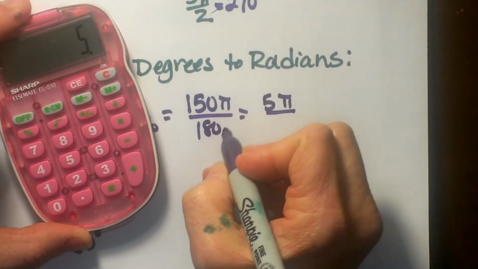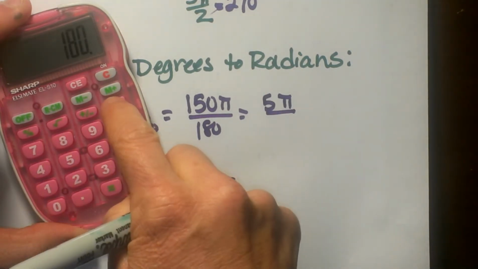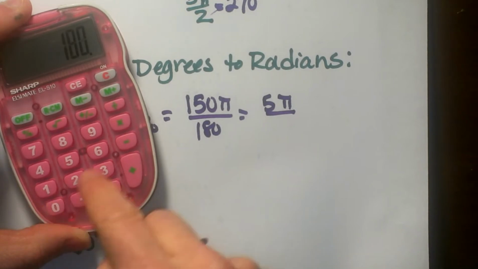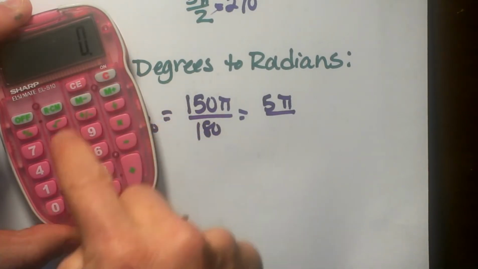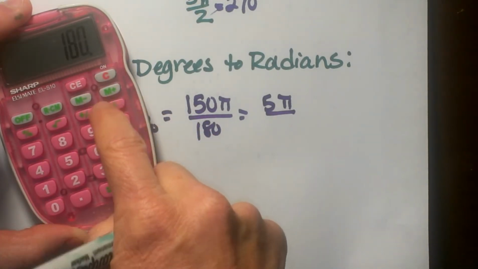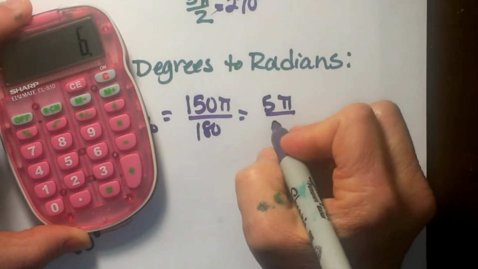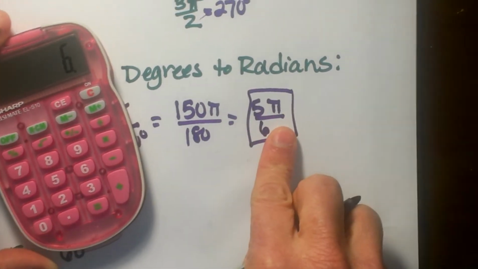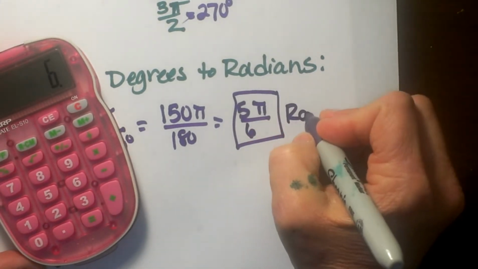And then I'm going to divide the 180 by 30. So I'm just reducing by 30. And 180 divided by 30 is 6. So that's going to give me pi over 6. Something 5 pi over 6, and that unit is now in radians.